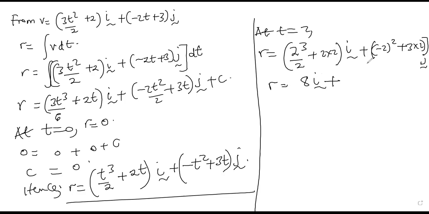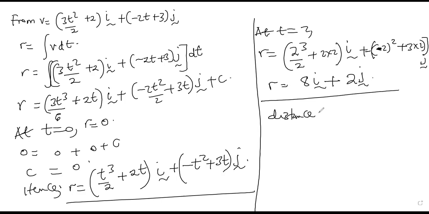Sorry, negative t squared. Oh yeah, so it is negative outside, then t squared. 2 squared is 4, times negative, gives negative 4, plus 6, that is 2j. This is R, but they need distance.